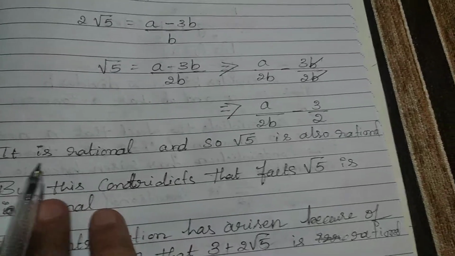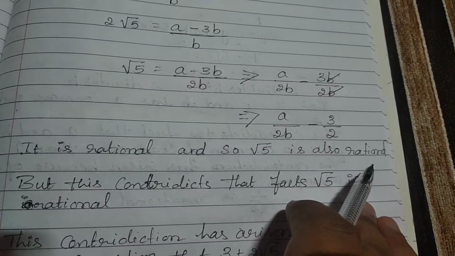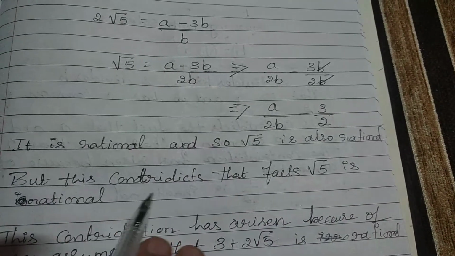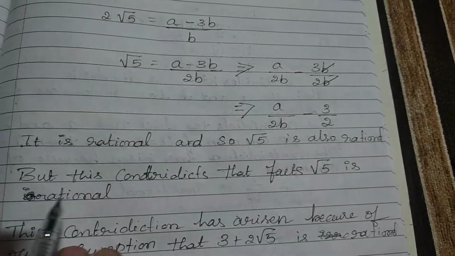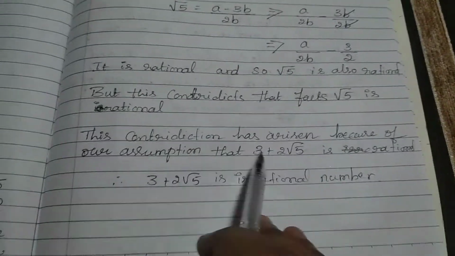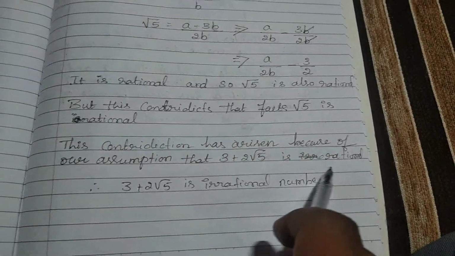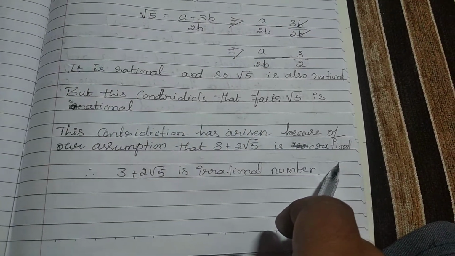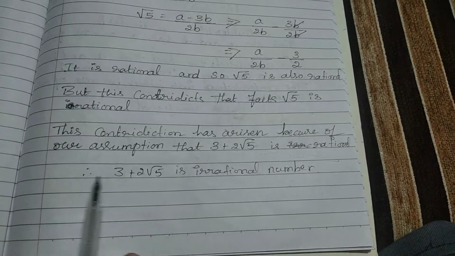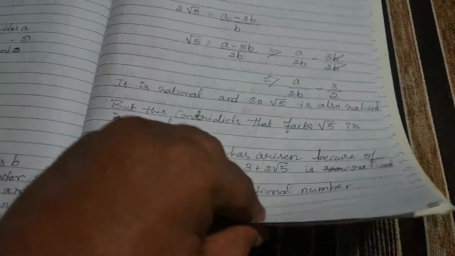So it is rational, and so root 5 is rational. But this contradicts the fact that root 5 is irrational. This contradiction arises because our assumption that 3 plus 2 root 5 is rational is wrong. Therefore 3 plus 2 root 5 is an irrational number. This is the second question.